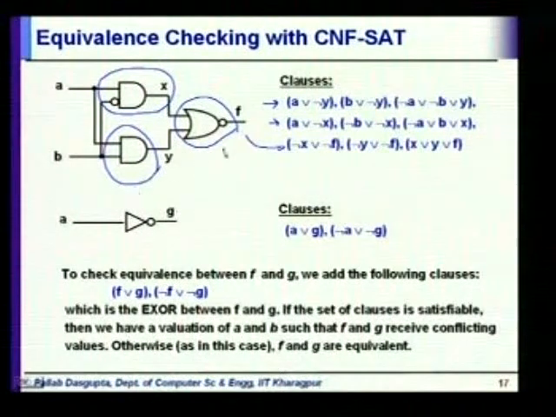You will have to write this entire function in terms of A and B, and then convert that into conjunctive normal form. That is a difficult exercise, and you know that transforming any Boolean function into conjunctive normal form is not going to work in polynomial time.